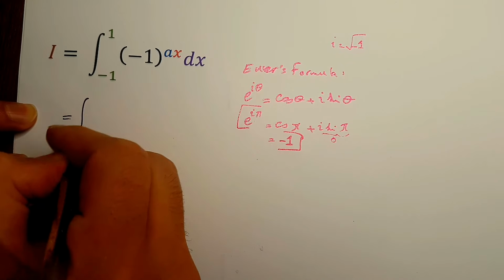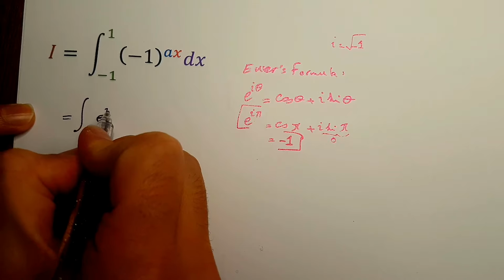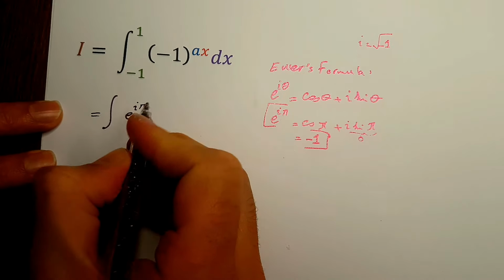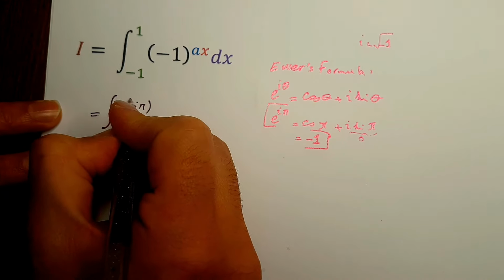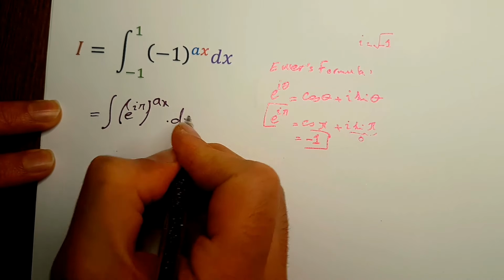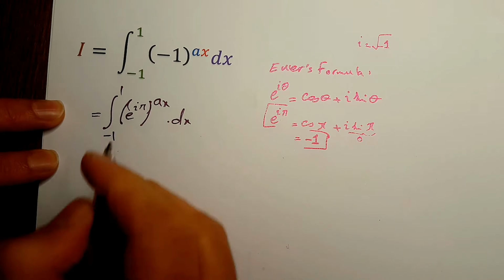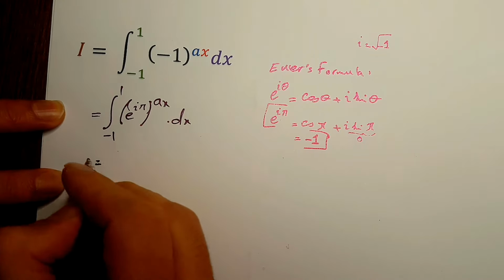So we'll have the integral of minus 1, which is e to the power of i pi, to the power of ax times dx from minus 1 to 1. We can multiply the exponents.